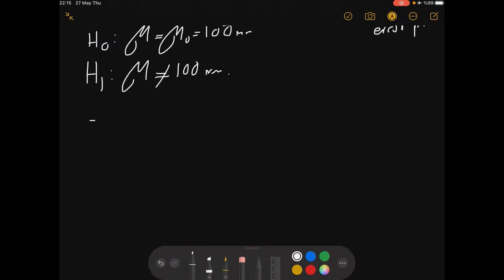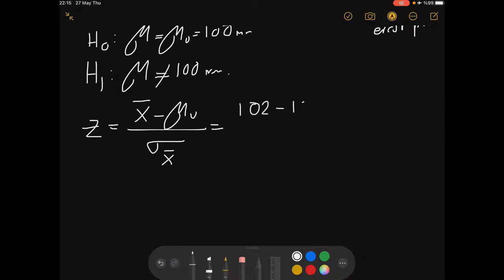And your z value here should be x bar minus mu0 over the standard deviation of your sample set, and that should be this one. You already have these values: 2 over square root of 9.